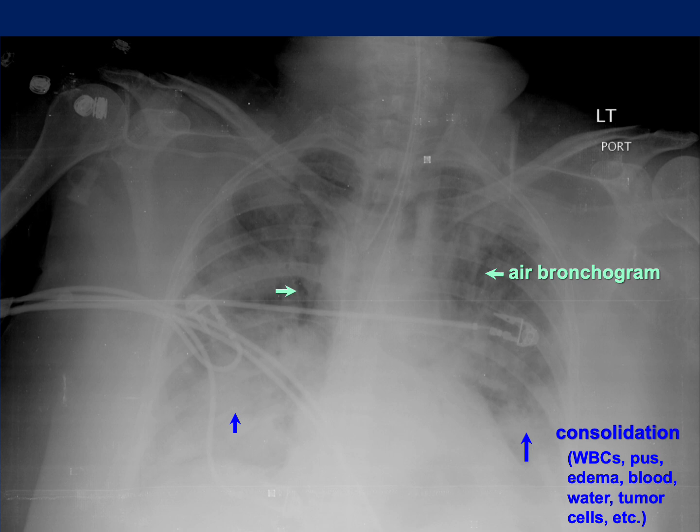At the bases of both the right and the left lung, you can see that there are white, cloudy appearing areas. These are consolidation or alveolar infiltrates or alveolar opacities. Remember that the possibilities are cells, pus, tumor, blood, or water. The X-ray itself does not tell us which one of these issues is going on.